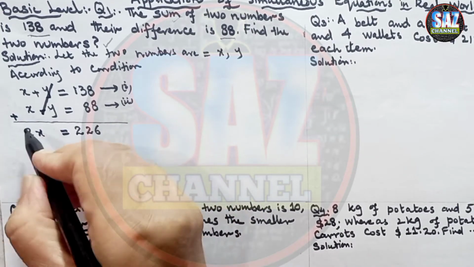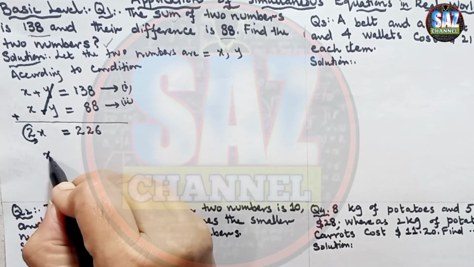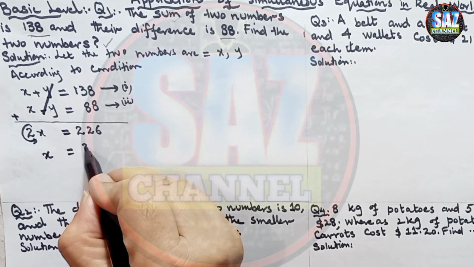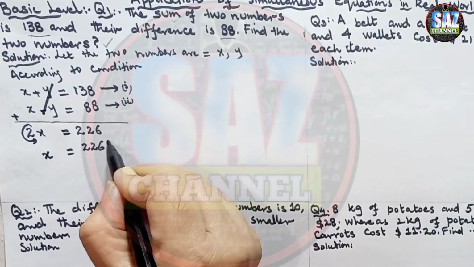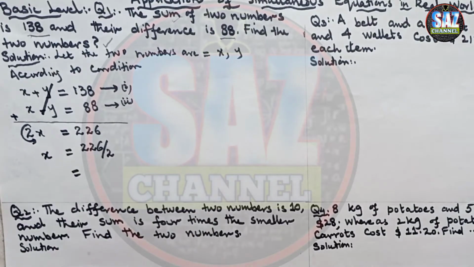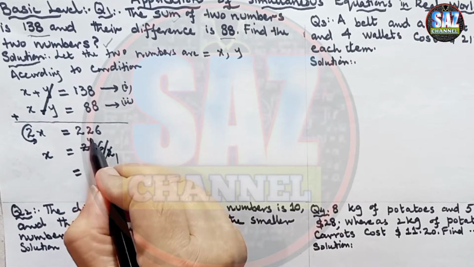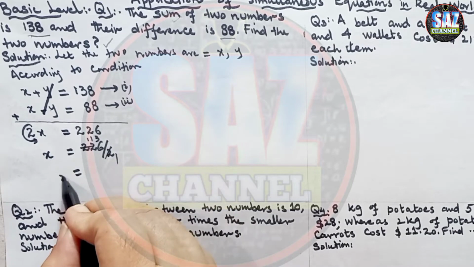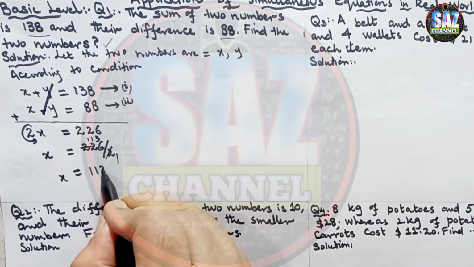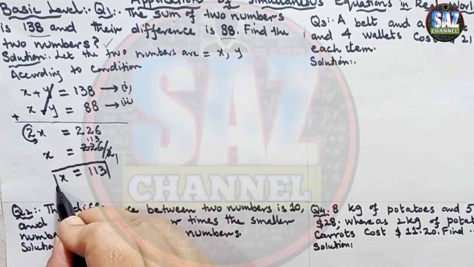Now, in order to get the value of x, I have to shift this 2 to the other side. This will give me 226 divided by 2, and that will give me 113. So x equals 113, and block the answer. This is one of the numbers.